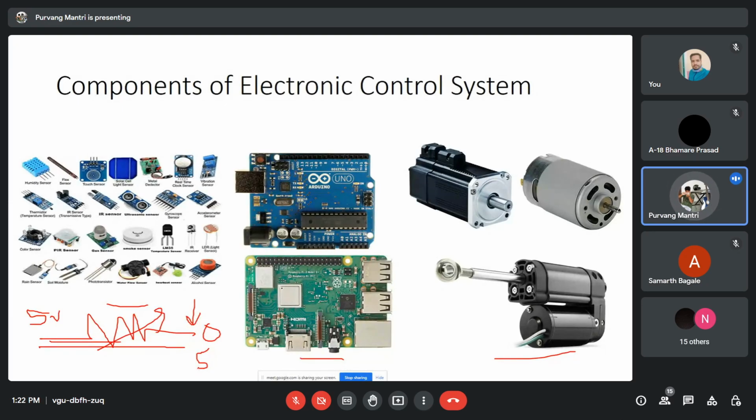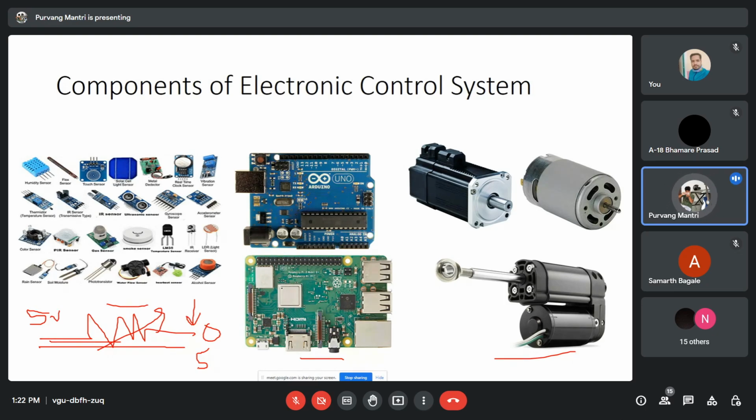Then microcontrollers are our brain. In proper analogy, it is our brain. The signals from our five senses are sent to our nervous system, our brain, and based on that data, it decides a particular output. And to understand actuators: actuators are our muscles, because actuators allow us to move our arms.